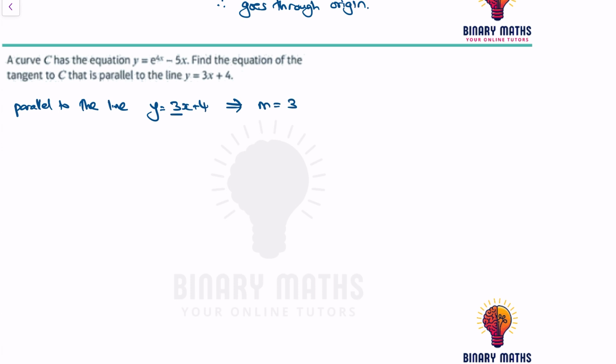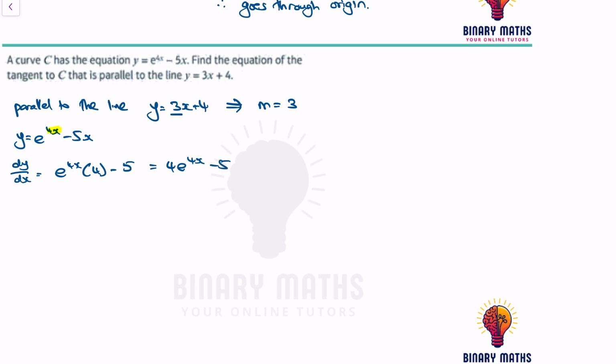So if we have y is equal to e to the 4x minus 5x, then dy/dx will be equal to e to the 4x times the derivative of the inner function, which is 4, minus 5x differentiated gives you 5, which is equal to 4e to the 4x minus 5.